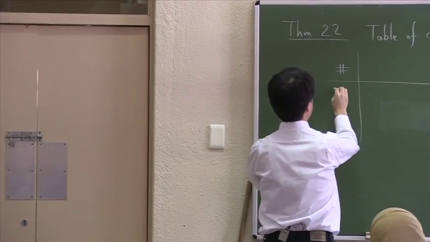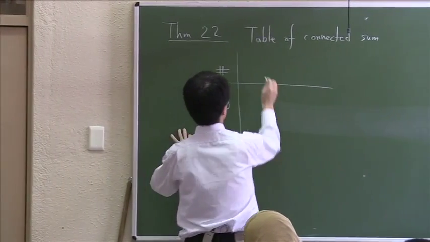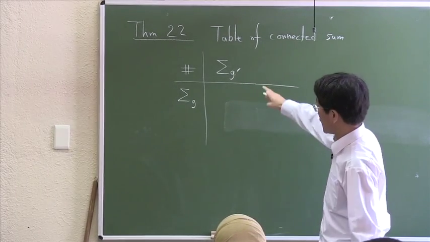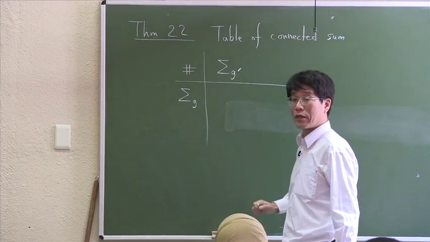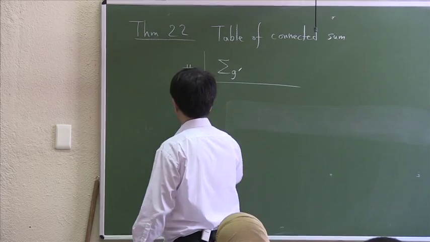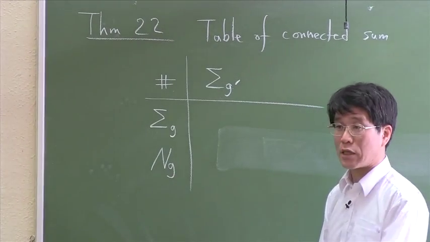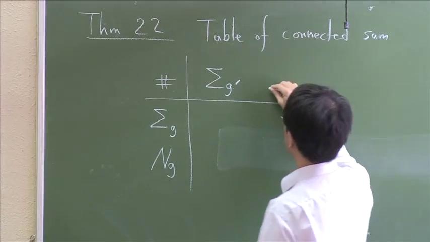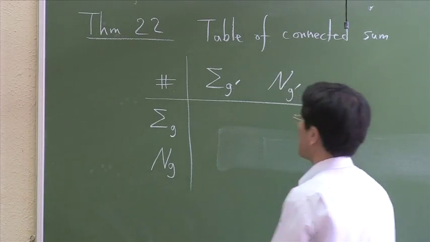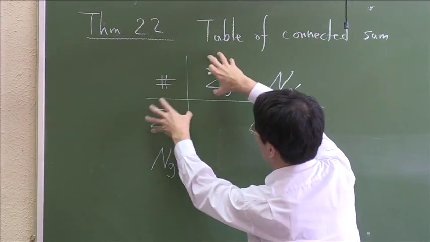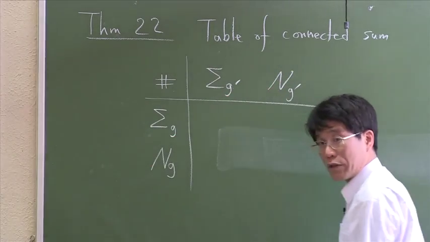So you might consider adding sigma g to, say, sigma g prime. That's another g. For example, sigma 2 to sigma 3. Or maybe nu g to sigma g prime. For example, nu 4 to sigma 5 or something like that. Or indeed, you can add nu to nu and so on. So we have to understand what the results are for all of these.